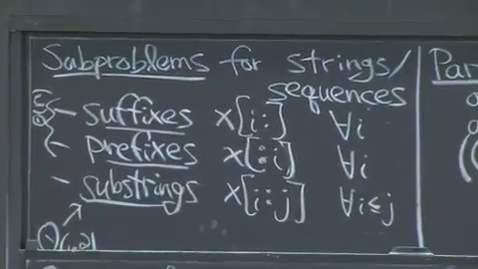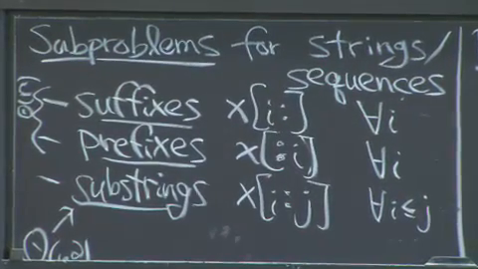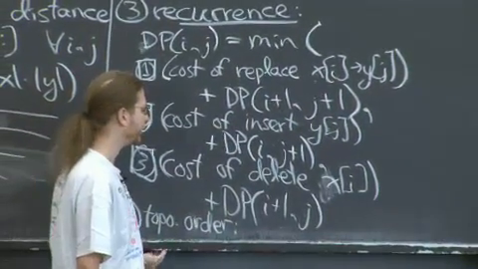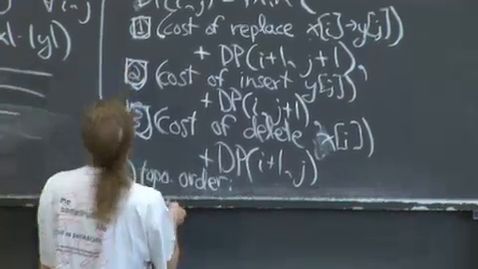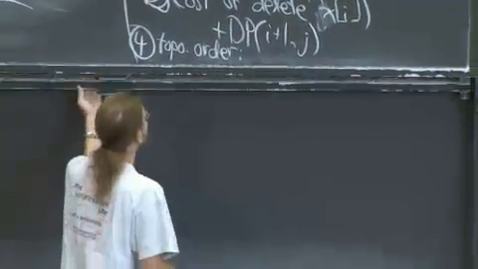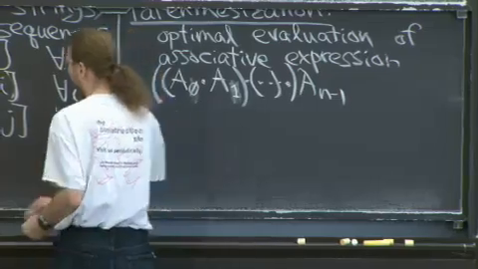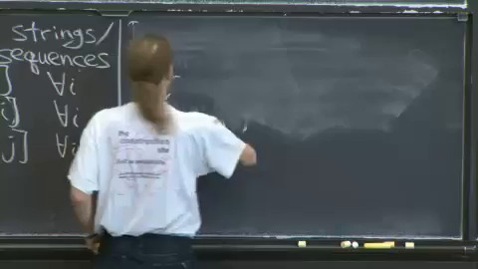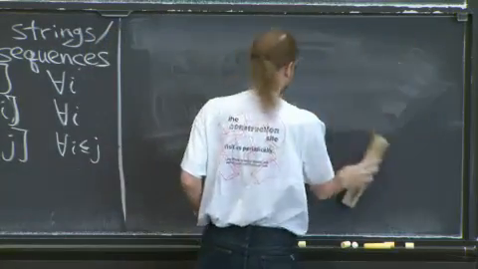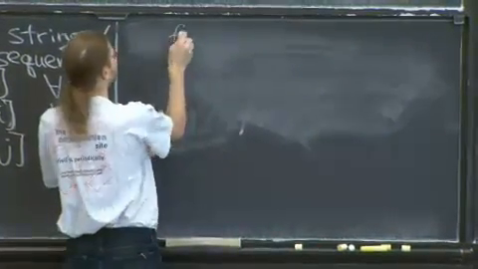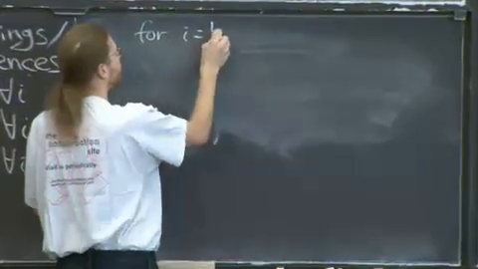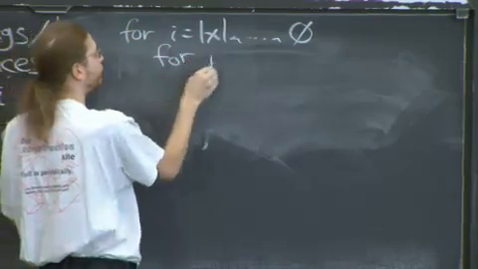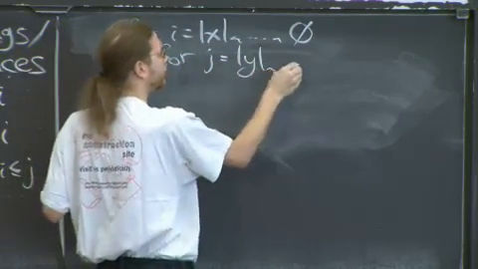And indeed, because we're always looking at later suffixes for one or the other, it's enough to just do that for both of the strings. It doesn't really matter the order. So you can do for I equals length of x down to 0, for j equals length of y down to 0.